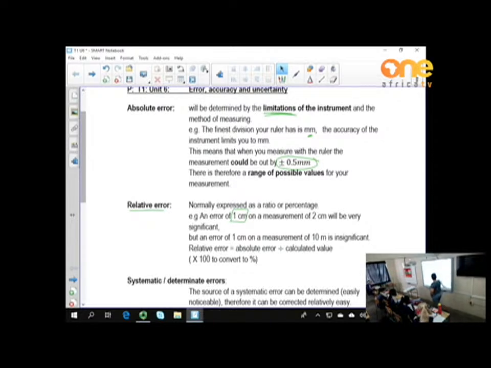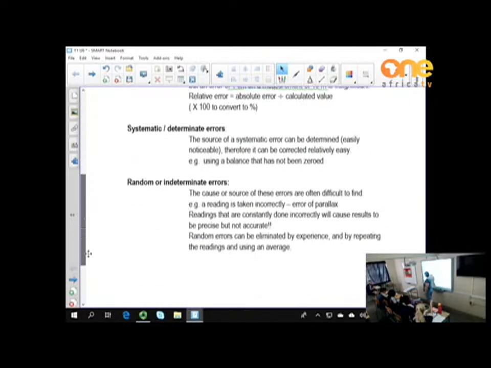It's not significant then if we have 1 centimeter on 10 meters. Relative error is the absolute error divided by the calculated value times 100 over 1. It's just a relative error. You can give it as a percentage or just as a value.